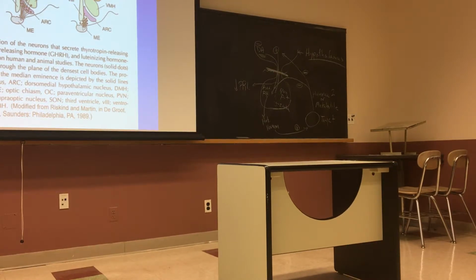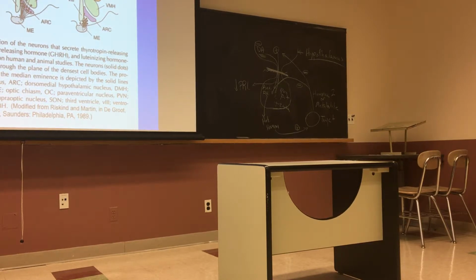This is the optic chiasm. This is the crossing point for the optic nerves. Here's the 3rd ventricle. And these are various nuclei or concentration points for nerves that produce various peptides in the hypothalamus.